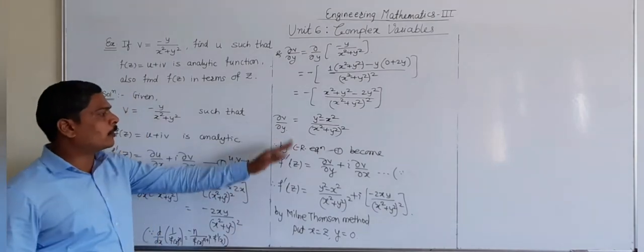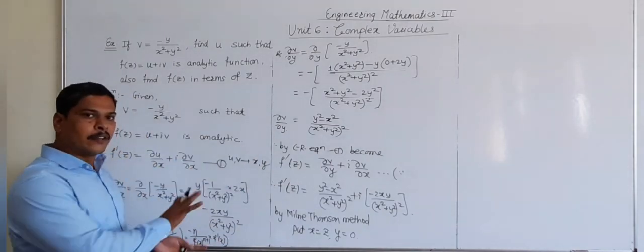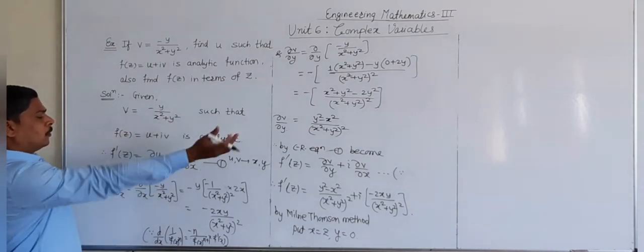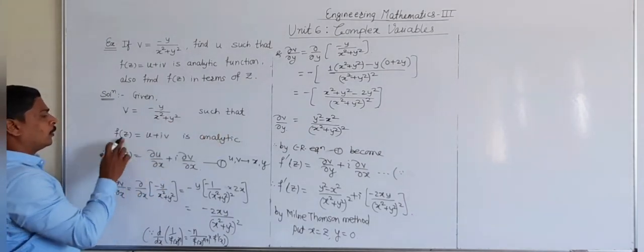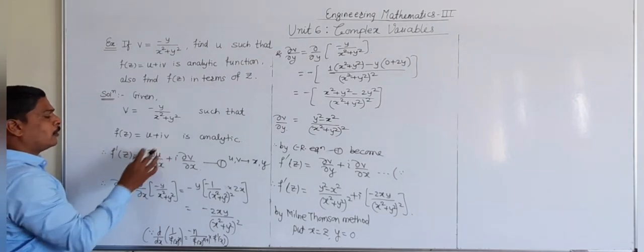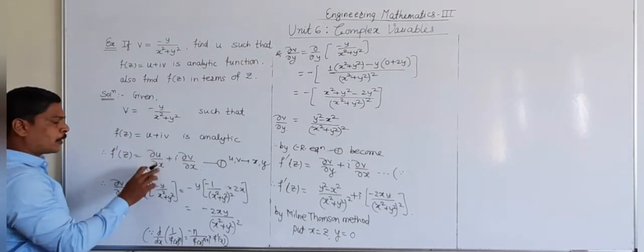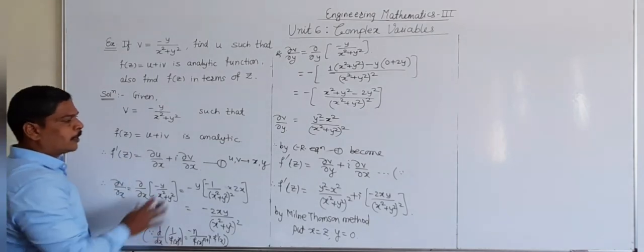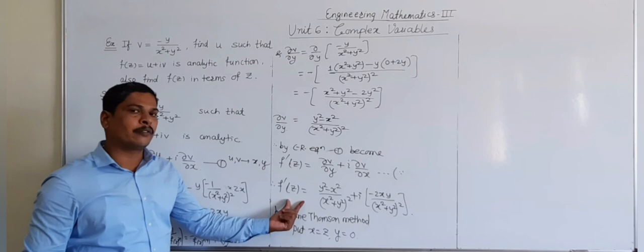Actually we are solving this in a different way as compared to the previous example. Here we know that f of z is a function of u and v, u plus iv. We are differentiating this with respect to x, so in that way we get f dash of z by using CR equation. So this is our f dash of z.